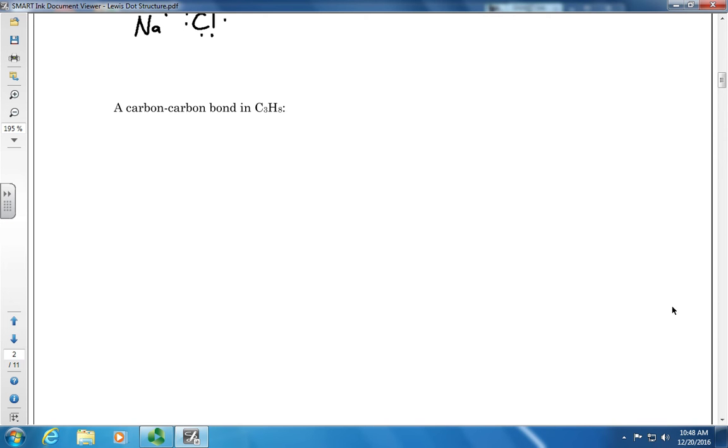So if we were to draw this out explicitly, including all the hydrogens and all the carbons, in a very rudimentary way, because this is not including any of the angles or anything like that, the molecule would look a little bit like this.